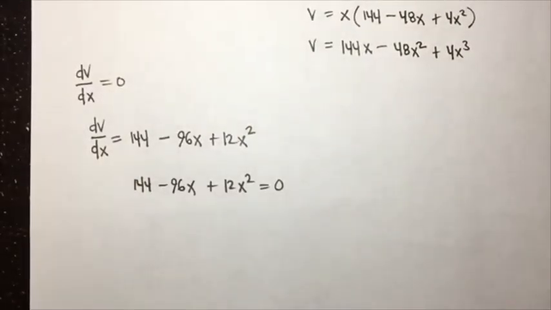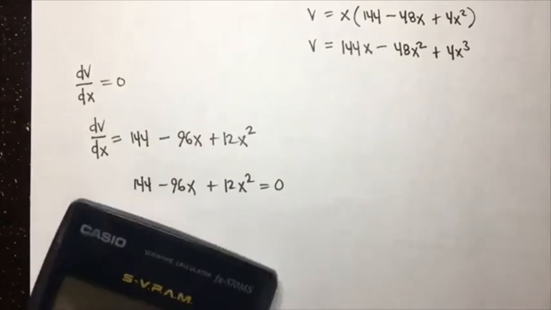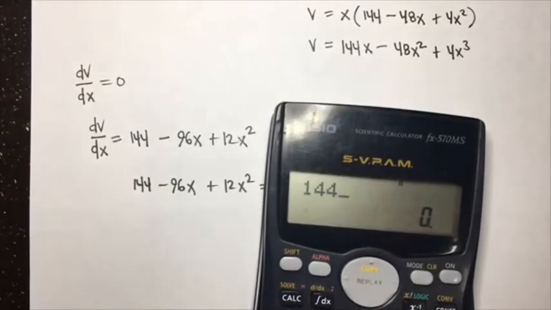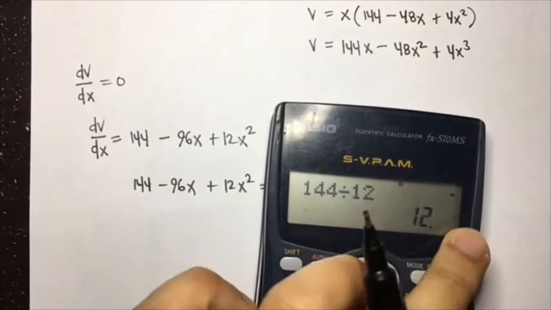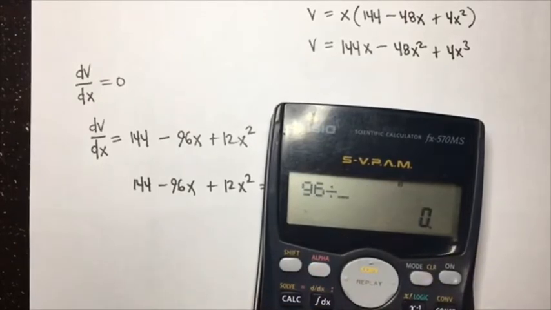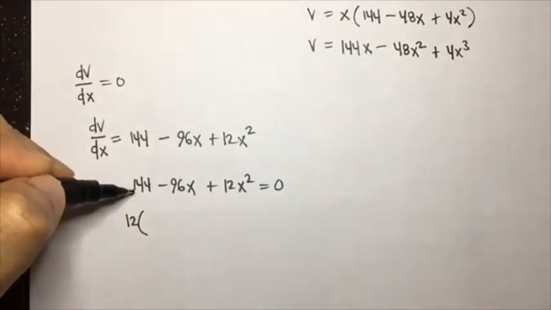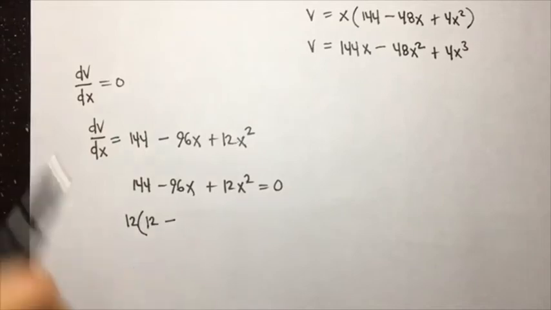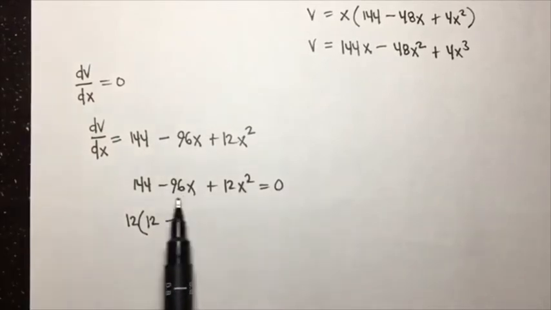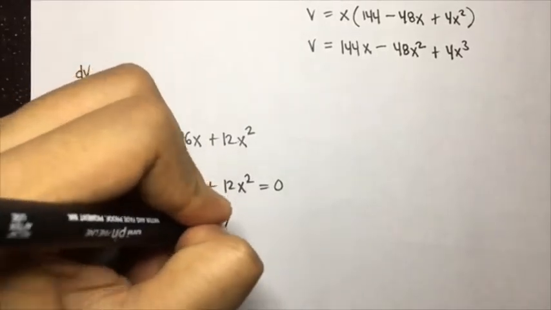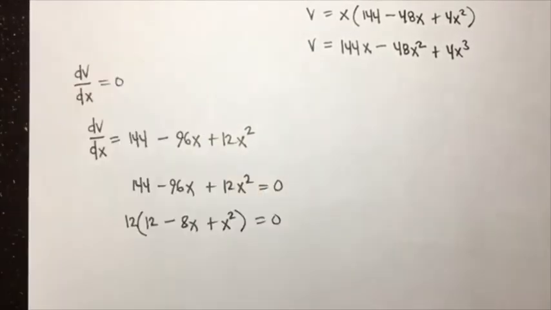So we can factor out 12. Is everything divisible by 12? 144 divided by 12, yes. 96 divided by 12, yes. Factoring out 12, what will remain here is 12 minus 8, plus x squared is equal to 0.